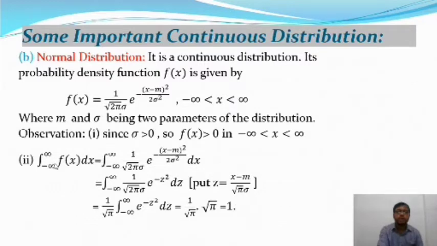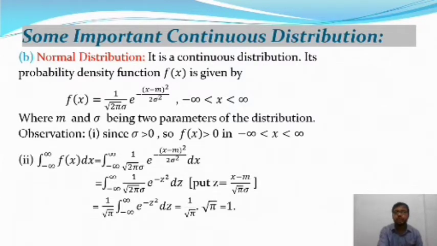So the function f of x is greater than 0 in the interval minus infinity to plus infinity, as well as the integration over minus infinity to plus infinity of f(x) dx gives the value 1. So the normal distribution satisfies the two fundamental properties of continuous distributions.